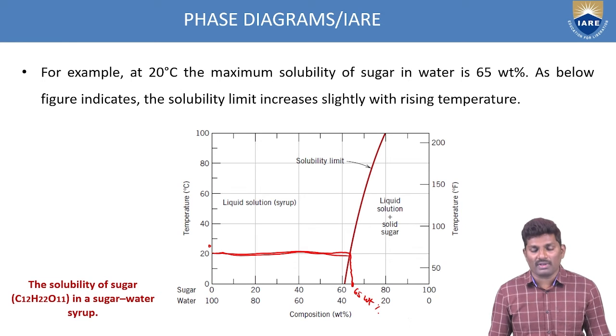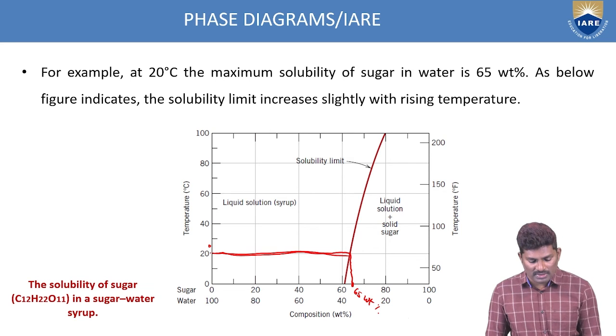So in this example, we have taken 20 degrees centigrade, and what is the maximum solubility limit. What you are doing is stretching the line from the y-axis and dropping it on the x-axis, so that at this point you can see the value. Similarly, suppose I want 60 degrees centigrade, what do I have to do?